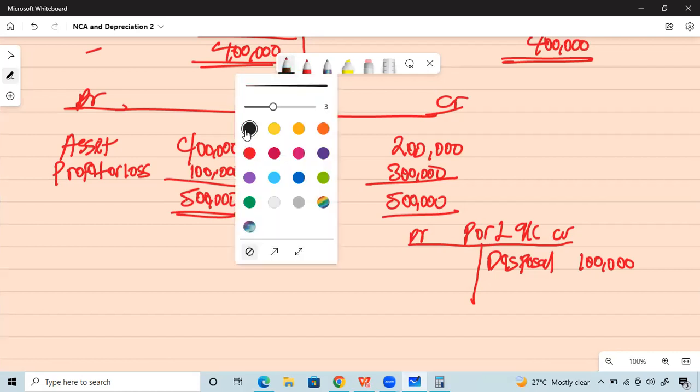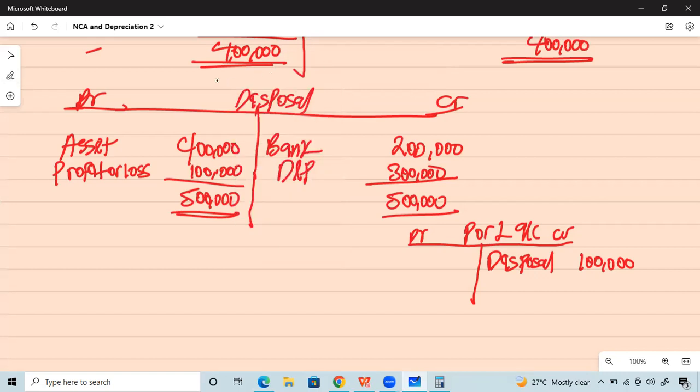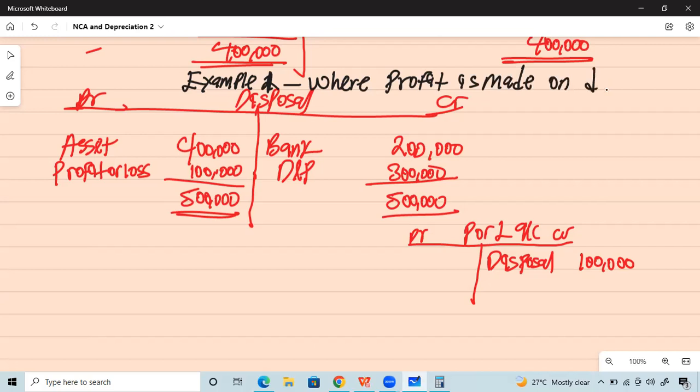Let me say this is example 1, where profit is made on disposal.